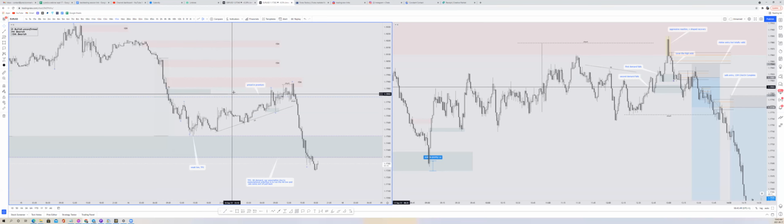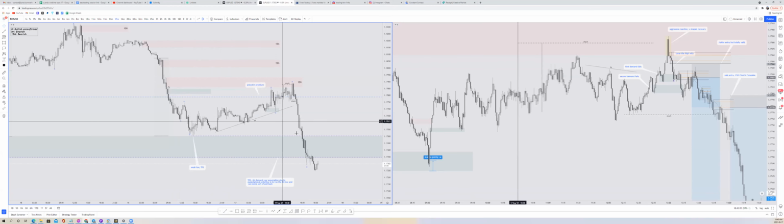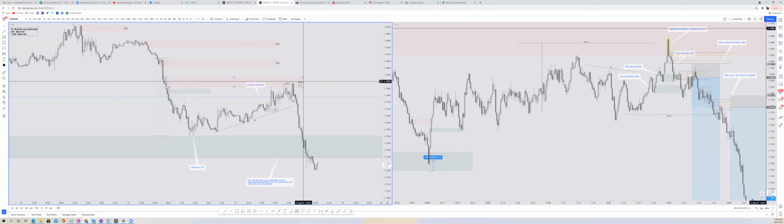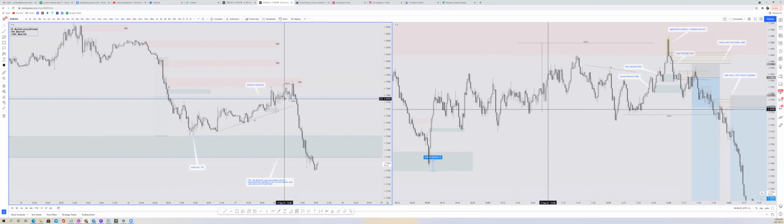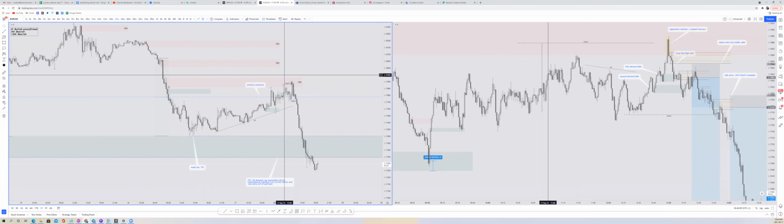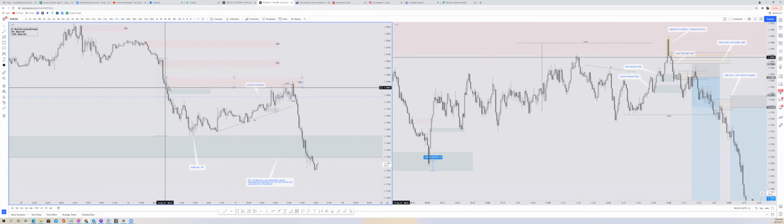Basically, if we had taken this inducement and made a new low, the next time price comes up there, I know there's a low probability that this OB is going to hold. But since this inducement got tapped, we got a bit of a reaction, but we never made a new low yet. So until a new low is made, I expect this OB to hold. That's how I look at inducement being burned up.